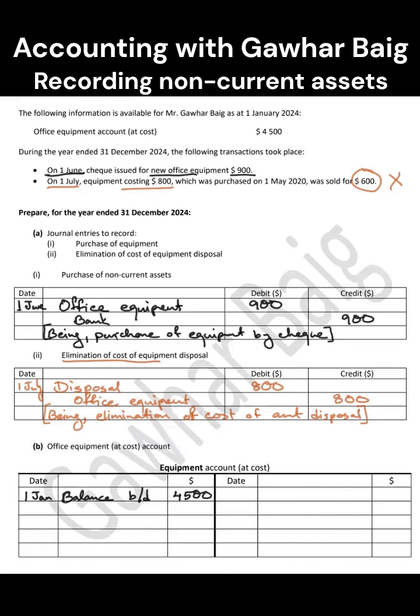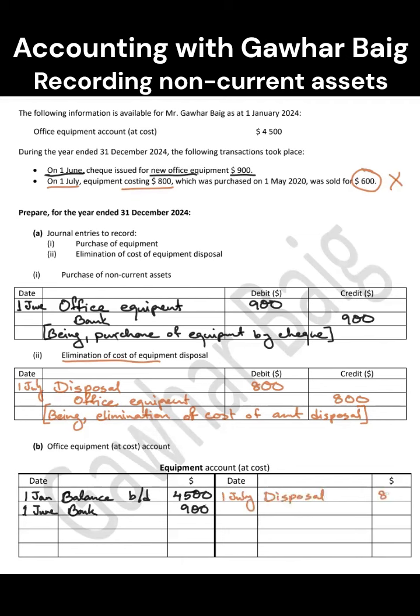Then we have the first transaction which occurred on 1st June, which is the purchase of non-current asset, bank $900. Then we have the second transaction which occurred on 1st July, which was the sale or disposal of non-current asset.